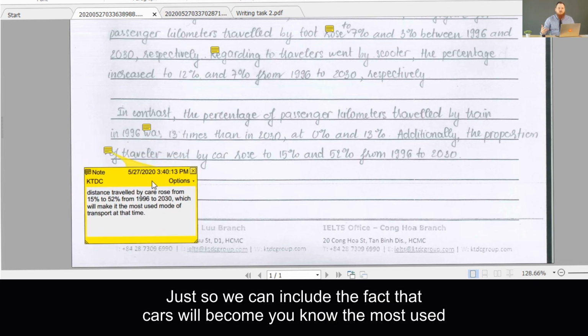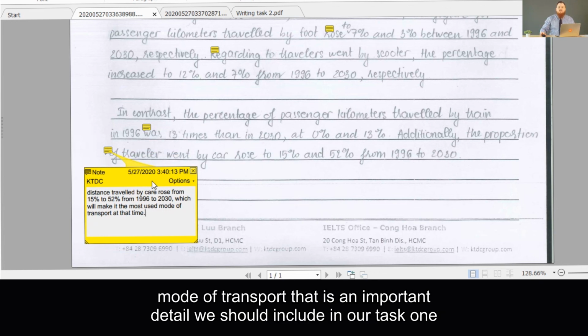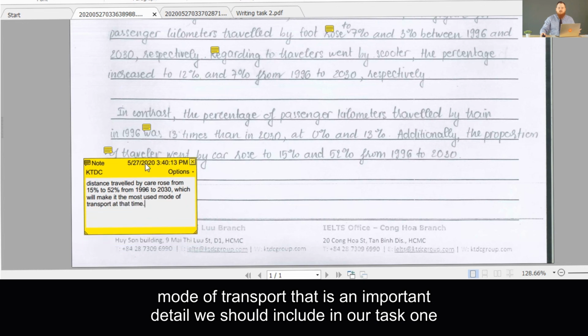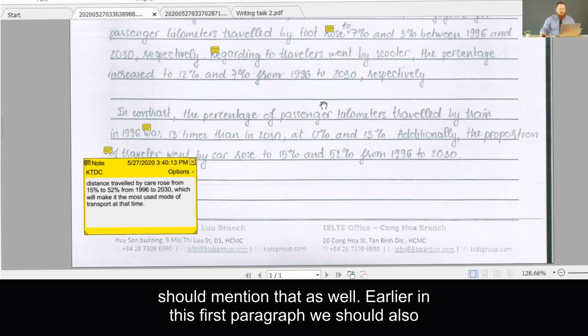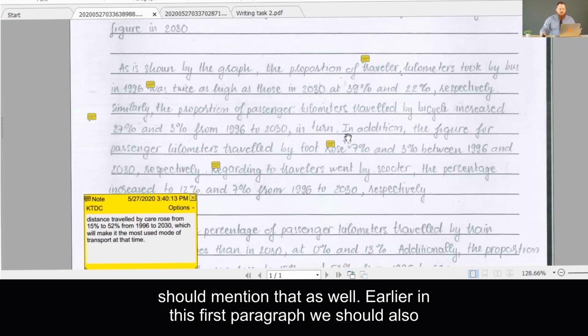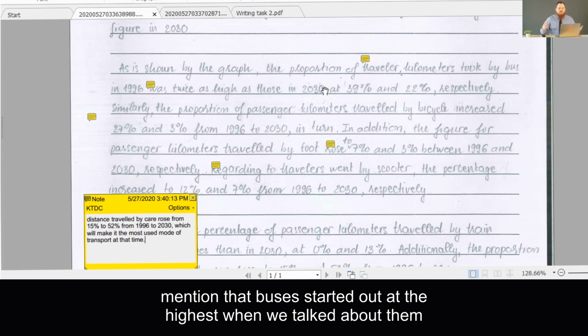Just so we can include the fact that cars will become the most used mode of transport. That is an important detail we should include in our task 1 writing, when things become the highest or things used to be the highest. So we should mention that as well. Earlier in this first paragraph, we should also mention that buses started out at the highest when we talk about them.